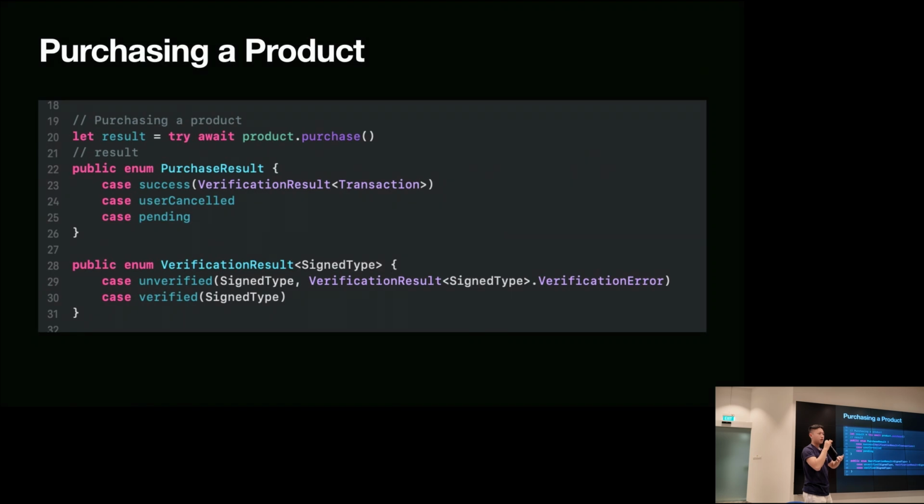When the payment pops up, instead of buying it immediately, it will show Ask to Buy. And then when I click Ask to Buy, it will send a notification to the parent's iPad that says, hey, your kid's device is trying to make this purchase. Do you want to confirm or not? So in the kid's iPad, it will return the pending status.